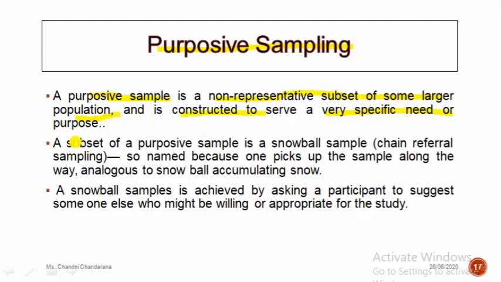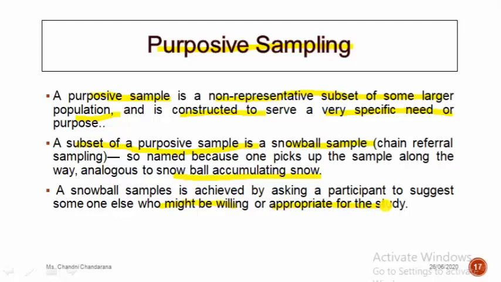A subset of a purposive sample is a snowball sample. Why is it so named? Because one picks up the sample along the way, analogous to a snowball accumulating snow. So a snowball sample is achieved by asking a participant to suggest someone else who might be willing or appropriate for this study.